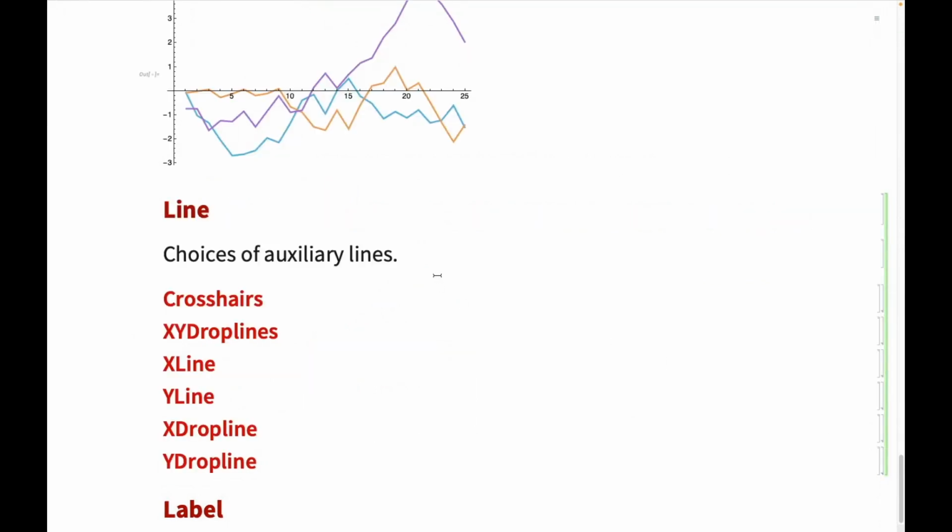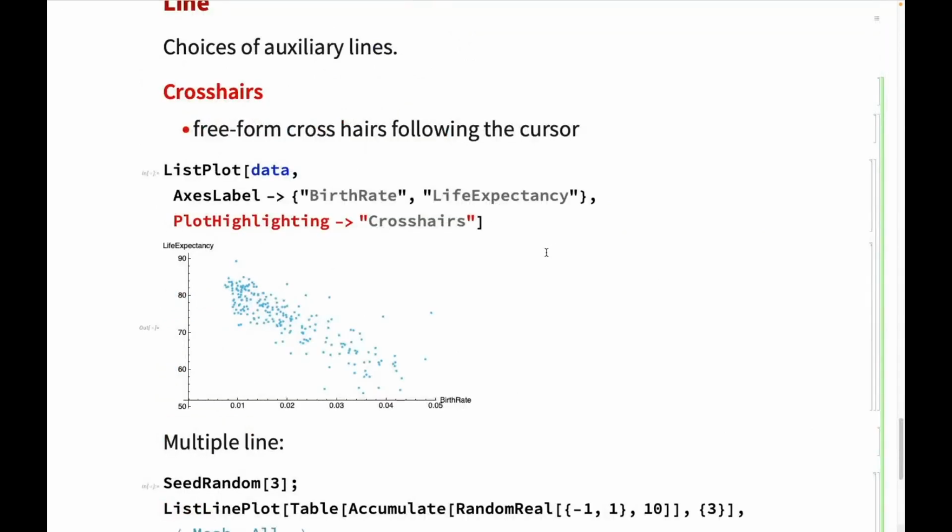The lines are basically some auxiliary lines. That's not very crucial, but it gives you some visual cues about where your cursor is, and also gives you some lines dropping to the axis or the frame to indicate where the values are.